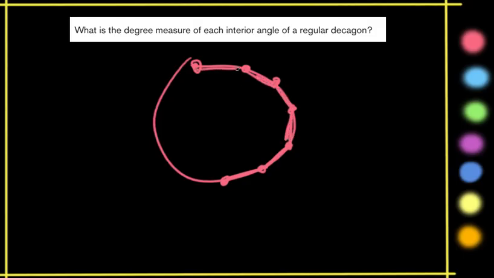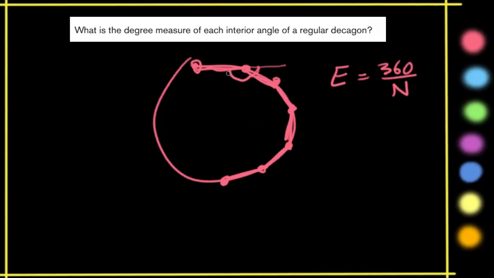And they want to know what the interior angle is. So that's this angle here. And actually, when you have a regular polygon, the easier angle to compute is the exterior angle out here. Because for any regular polygon, the exterior angle is going to be equal to 360 divided by the number of sides.